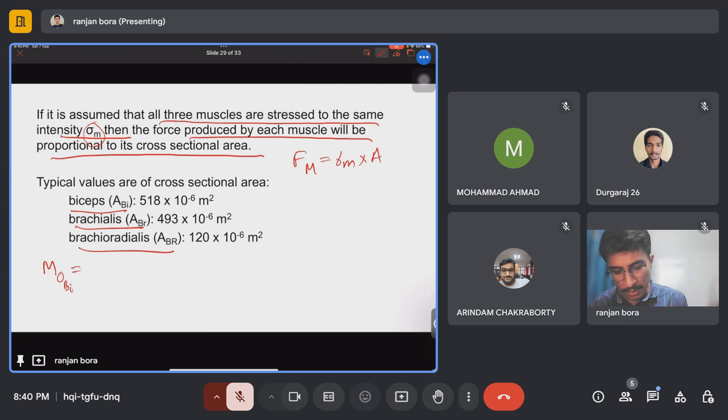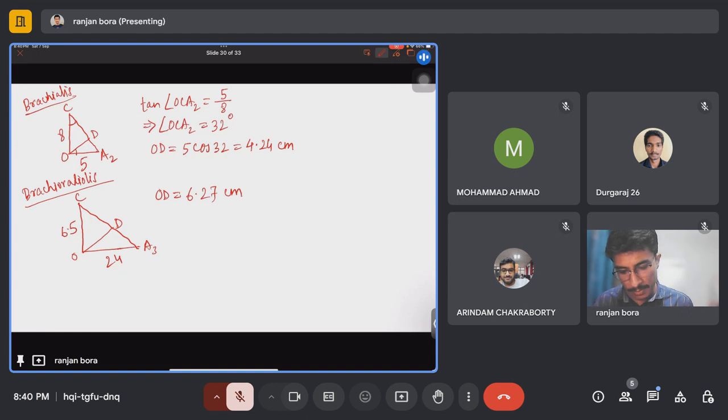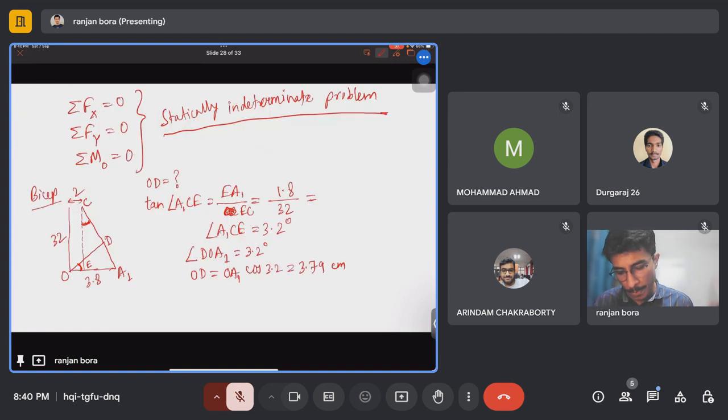For the biceps, it will be sigma m into area of cross section 518 into 10 power minus 6. What is the moment term for biceps? It is 3.79.